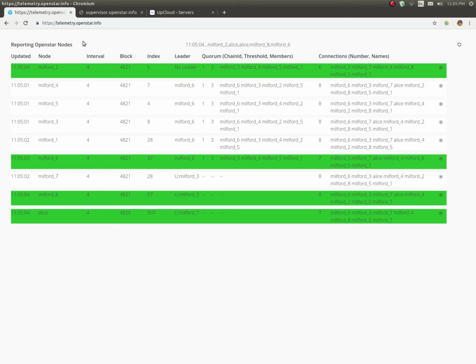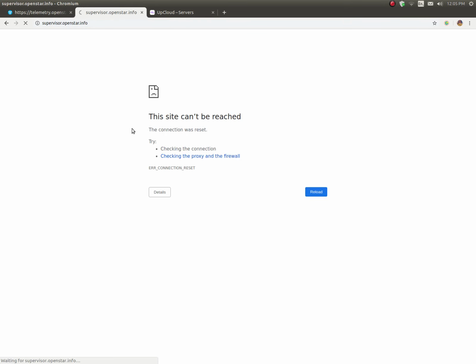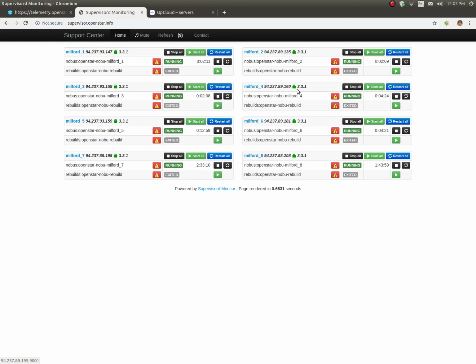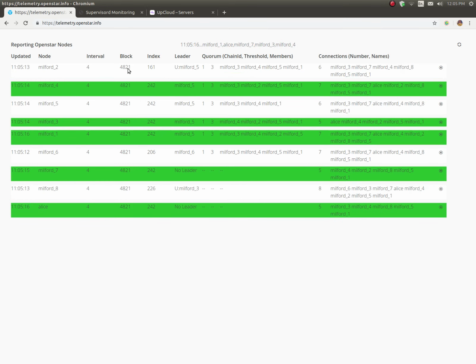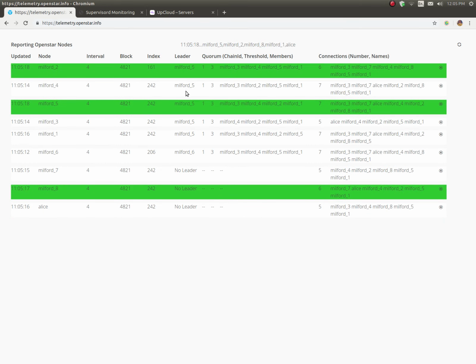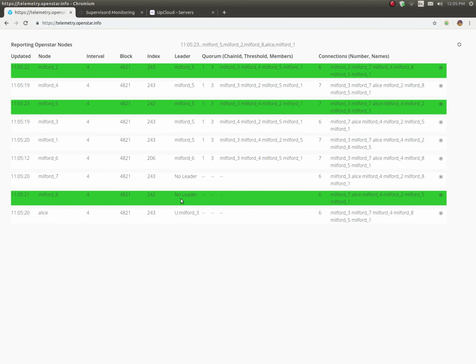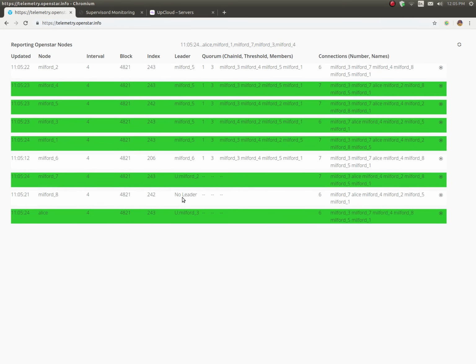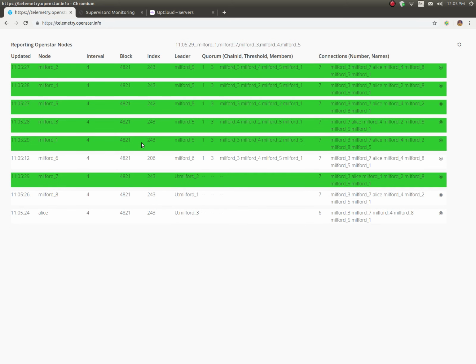And maybe just one more time. We'll just fail over from Milford 6. Milford 6, stop. That's the leader. And so you can see it fails over to Milford 5. These guys recover with Milford 3, Milford 2, and upstream, and the transactions keep flowing.